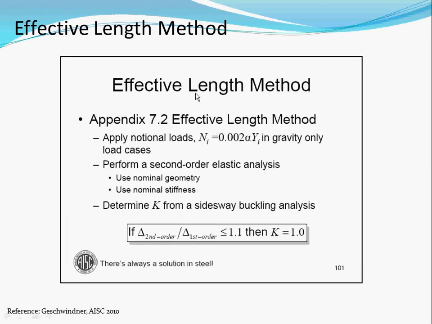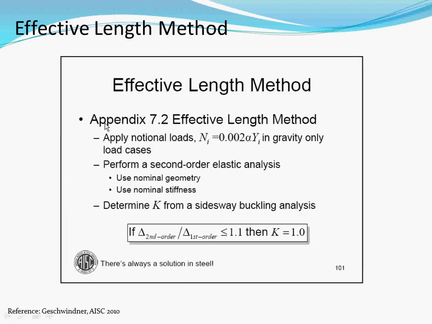The effective length method is where the K calculation comes in. Okay, so effective length now is Appendix 7. You still need to apply the gravity load or the notional load. The next is you perform a second order analysis, using your nominal stiffness, so no stiffness reduction, and you determine a K from some kind of buckling analysis.